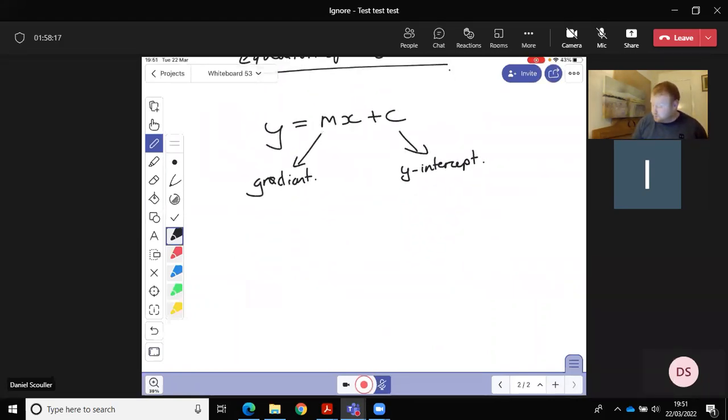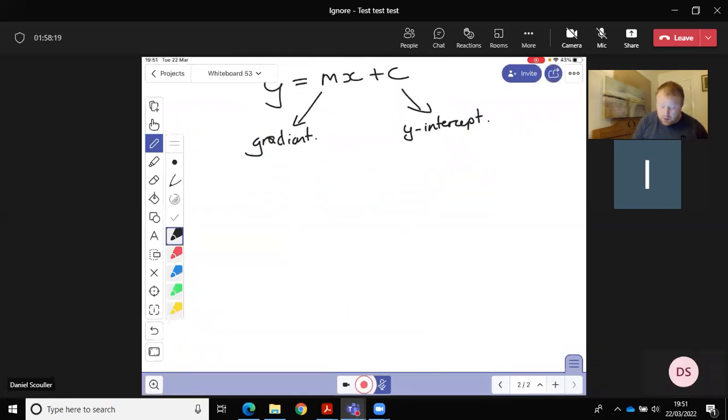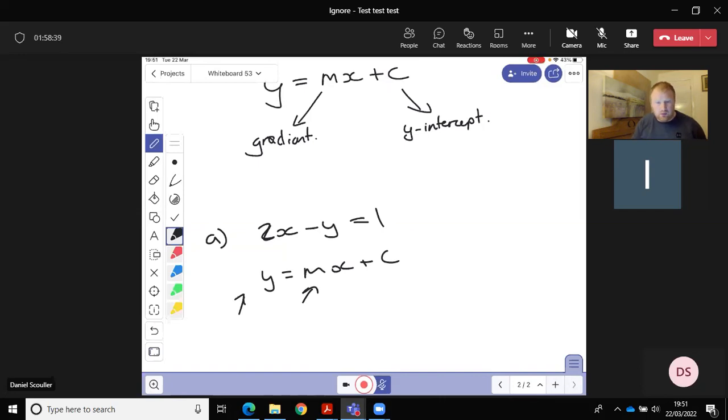So if we are working with 2x minus y equals 1, we want to get it in the format of y equals mx plus c. So we have a number in front of x, and y is isolated on its own.